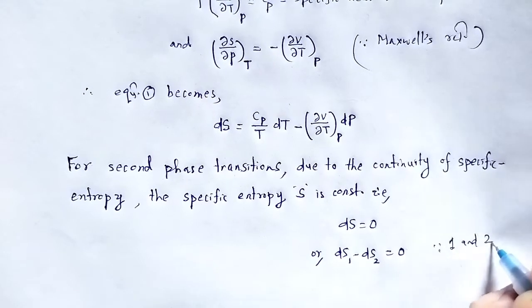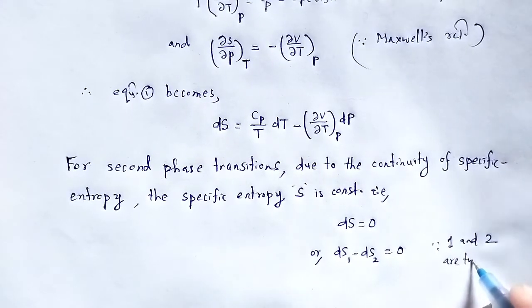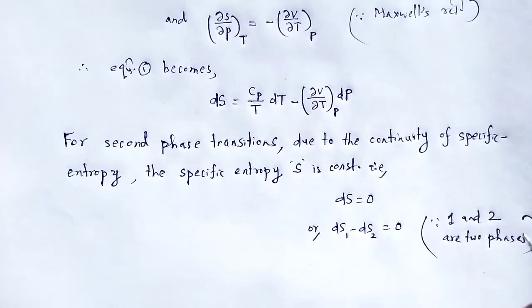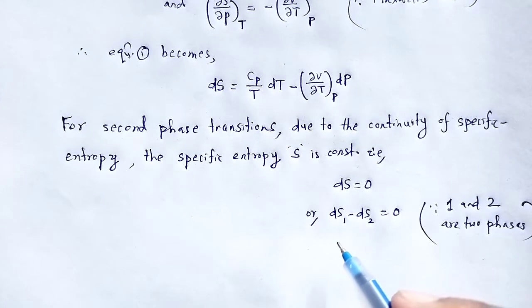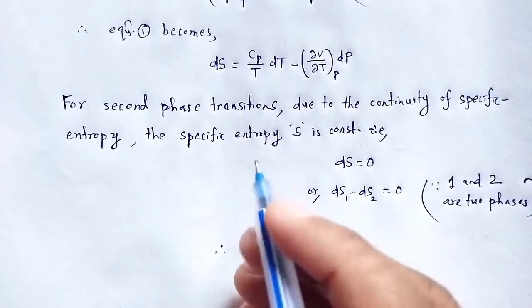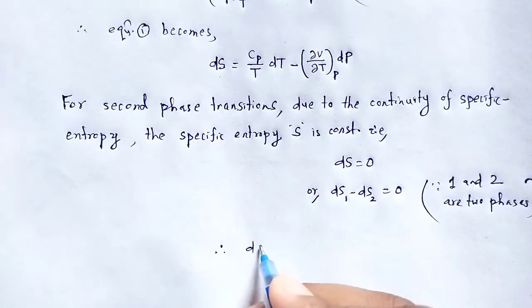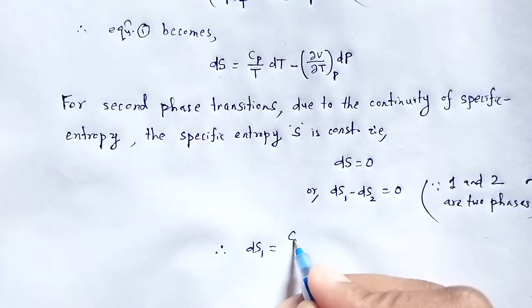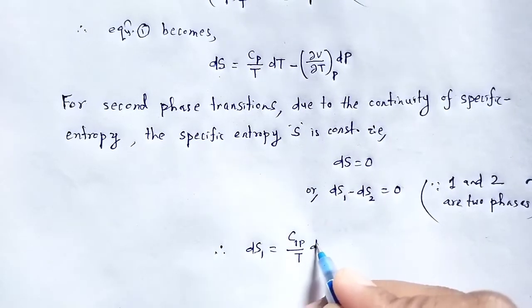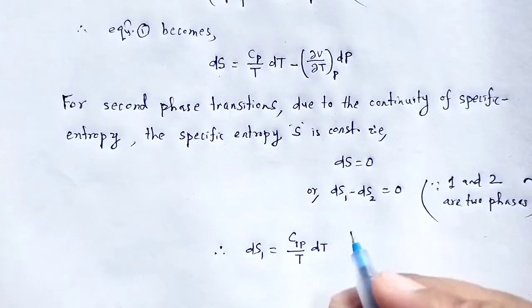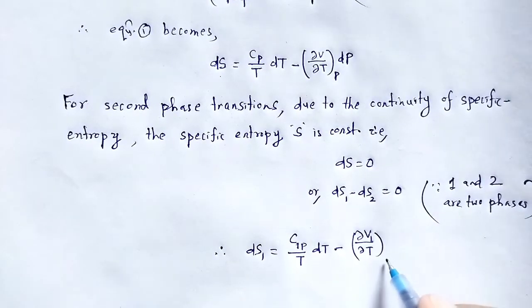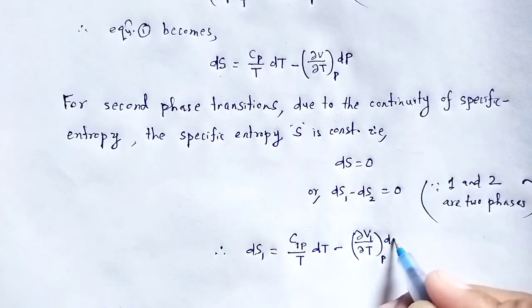So dS1, we write, that is C1p by T dT minus del V1 by del T at constant pressure dP.